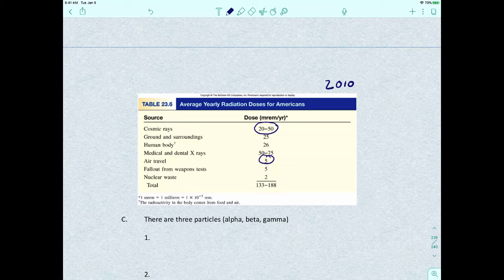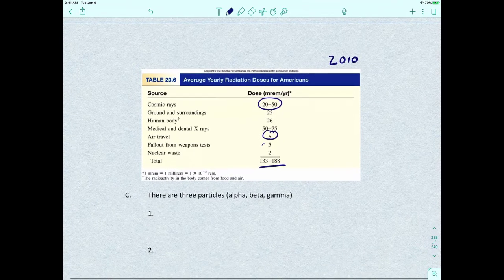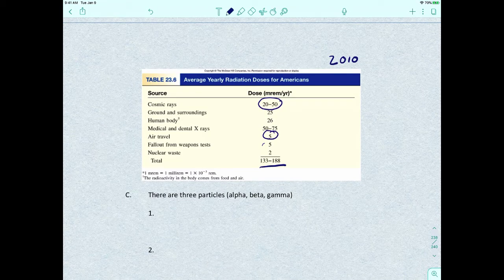But if you're going on multiple flights, you're getting a lot more radiation. New fallout from nuclear weapons tests, you're getting about 5 millirems a year. Nuclear waste, you're getting about 2 millirems a year. In general, Americans are exposed to about 133 to 188 millirems a year. And if you're way above that number, that is a problem.